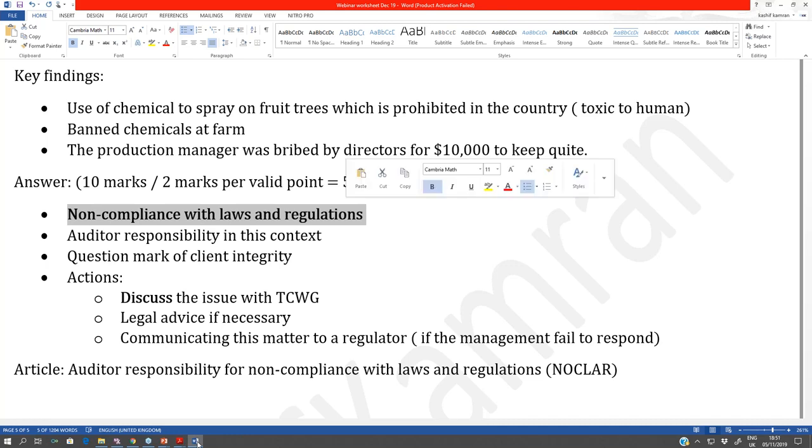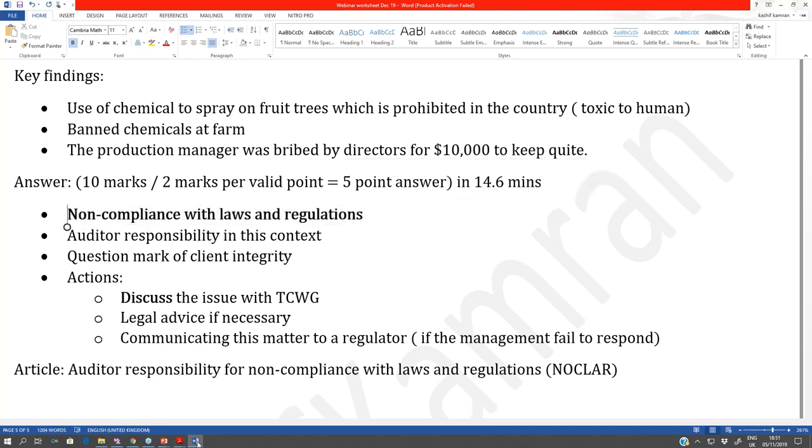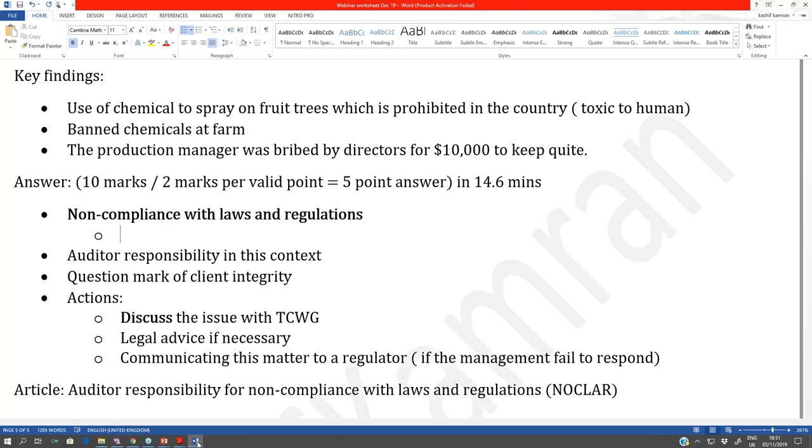So the very first point: non-compliance with laws and regulations. When there is a non-compliance with laws and regulations, the very first thing you need to write is that the responsibility for compliance with laws fundamentally rests with management.